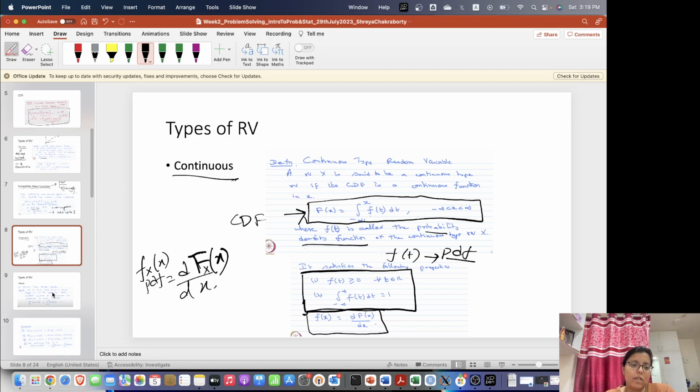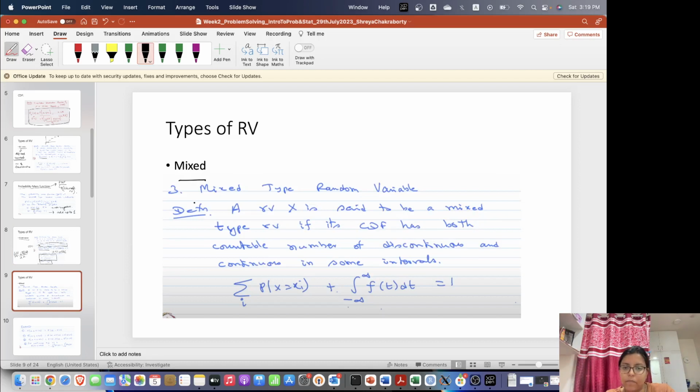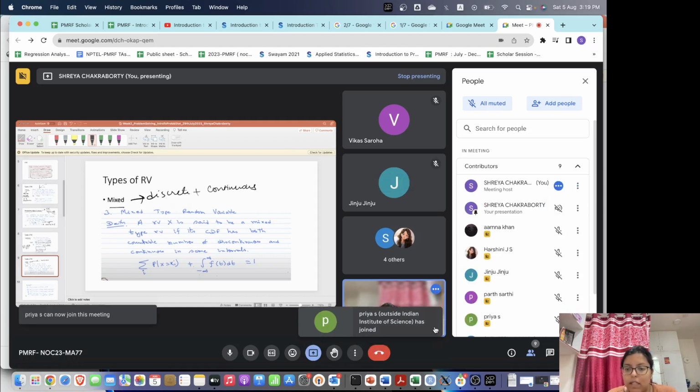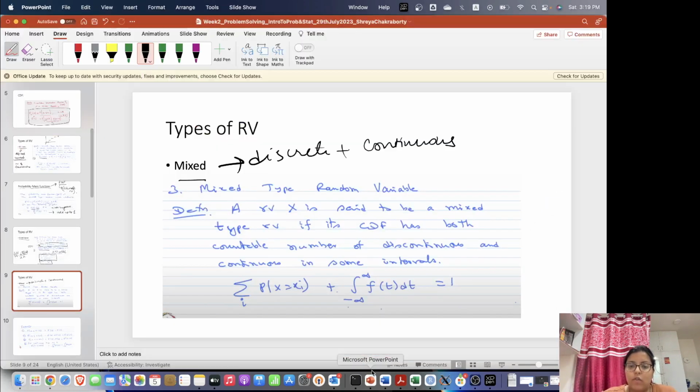And the third type that was discussed was mixed. In case of mixed, as we can see, it will be discrete plus continuous. So it will be a mixed random variable where the CDF would be mixed, and then the summation and the integral together, if we add them up, will come to 1.